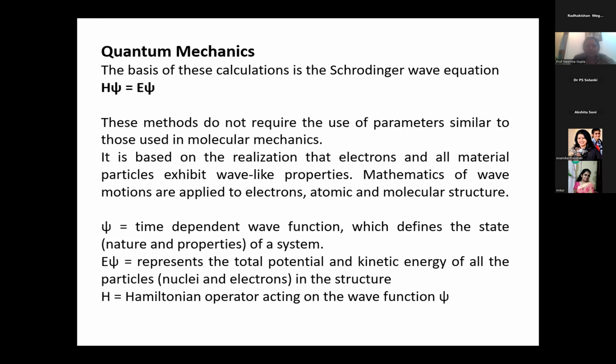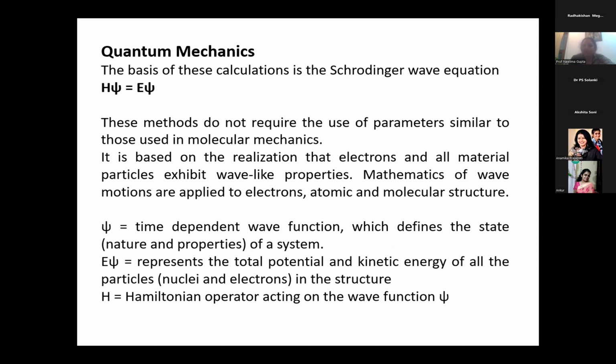Then moving forward to quantum mechanics, the next level of our understanding of the molecular structure, which is based on the Schrodinger wave equation. And these methods do not require the use of parameters similar to those used in molecular mechanics.